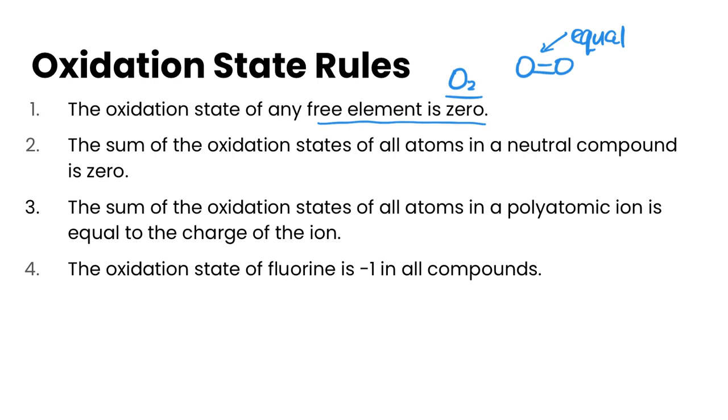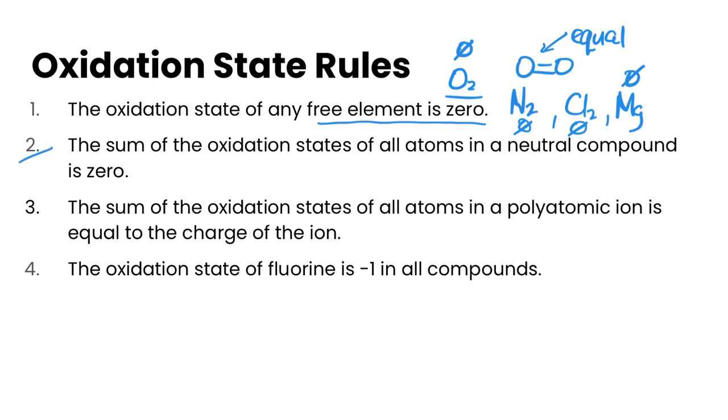And so that means that the oxidation state is going to be 0. So things like nitrogen, that would be 0, or chlorine, that would be 0, or single elements like magnesium, that would be 0 as well. So any free element is always 0.